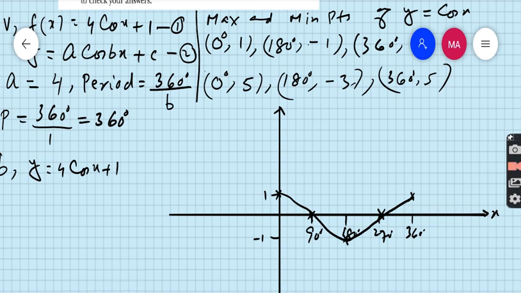Now we are going to graph y is equals to 4 cos x plus 1. So first we have to take the amplitude of each point. So 4, go to 4, this is 1, 2, 3, 4, 5.